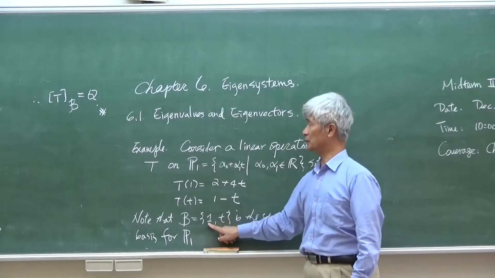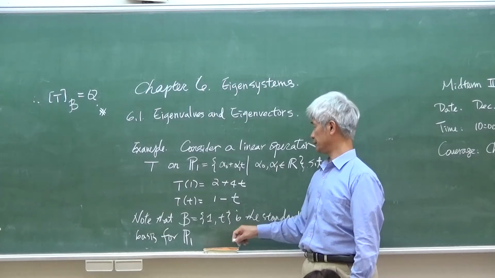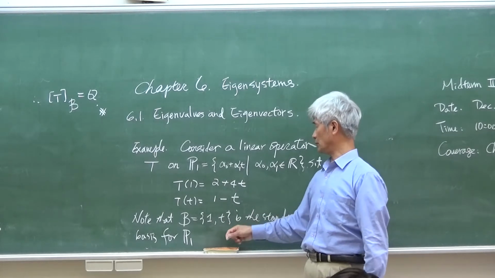So the constant polynomial and the monomial t consist of a standard basis for P1.